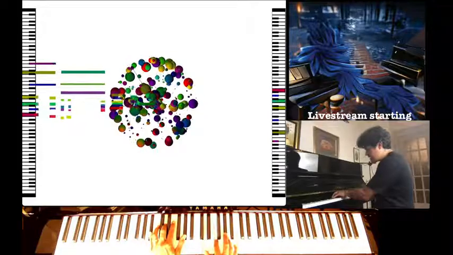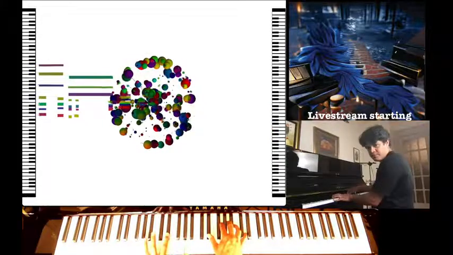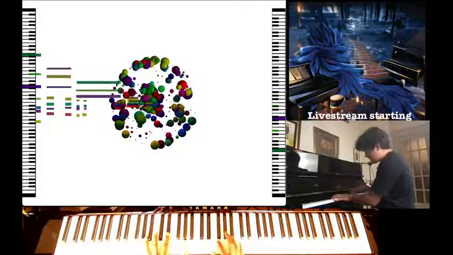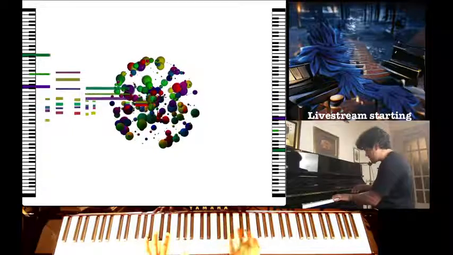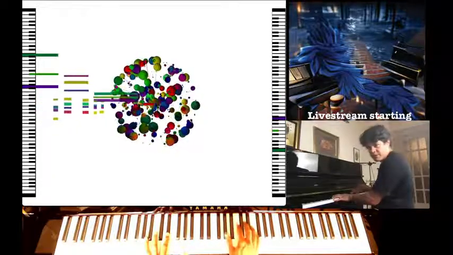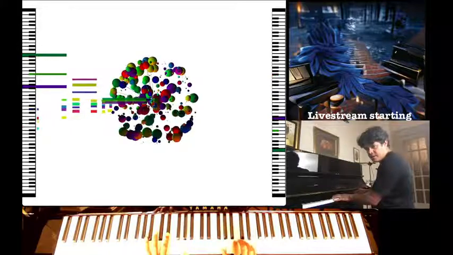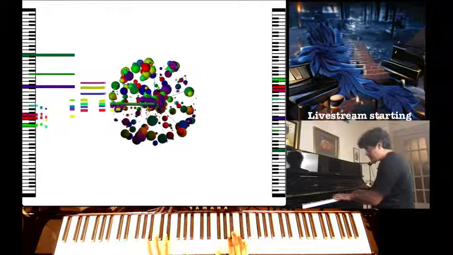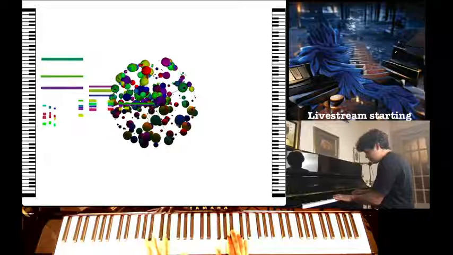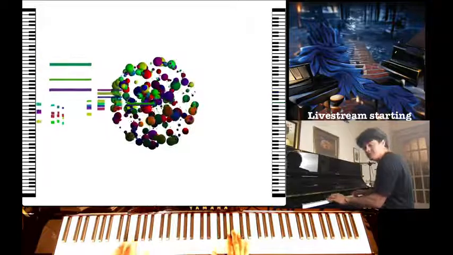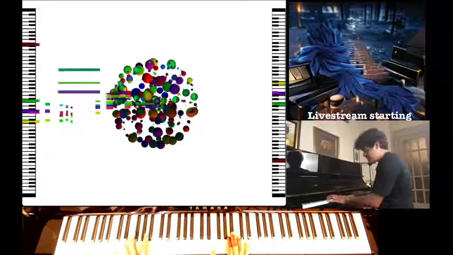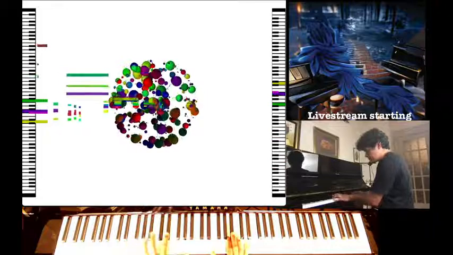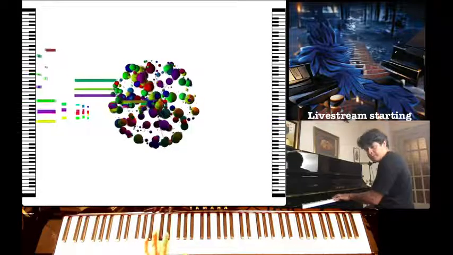I do that here, and then we come back to the 1. And I'm going to keep the left hand on the 1, and I'm going to do this other funky stuff on the right hand. So we go B flat 7, A minor 7, D, and then we go to the G minor 7, and then to the C, which is the 5. So this one is just like.